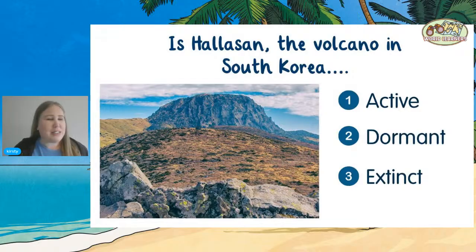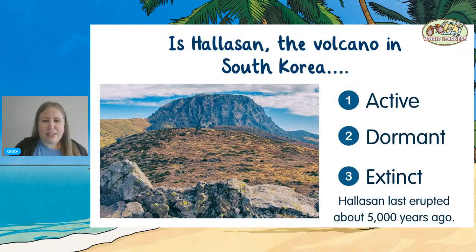We were talking about South Korea and the volcano there. But is it active, dormant, or extinct? Well done, guys. You're spot on. It's classed as a dormant volcano. So not yet classed as extinct because it did erupt 5,000 years ago, but it's sleeping.